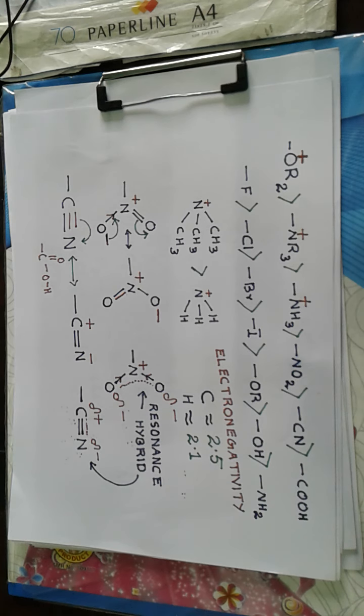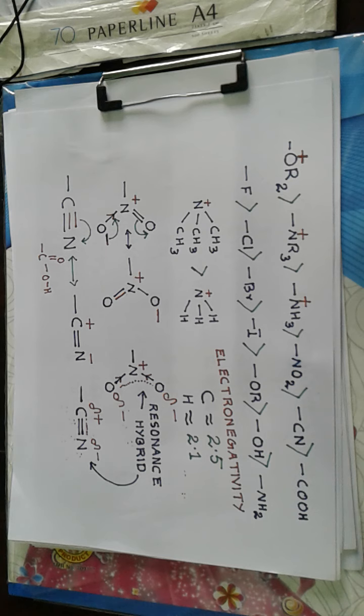Now the pi bond is formed by the parallel overlap of p orbitals, and the pi electrons are situated much away from the two nuclei which form the bond, so that these nuclei, carbon and nitrogen, feel the deficiency for electrons, so they become more electronegative.